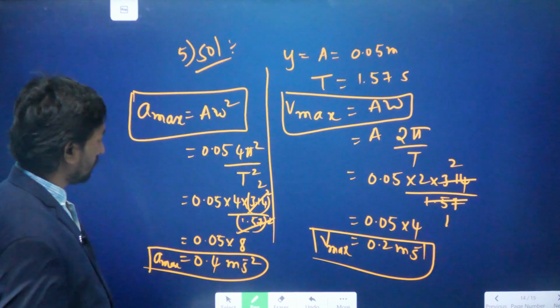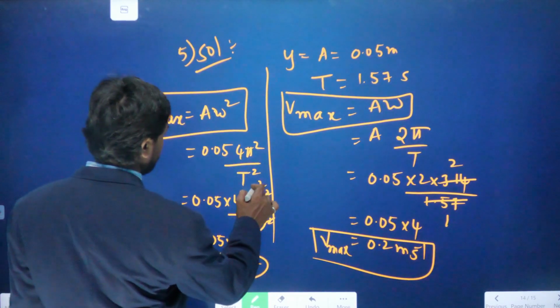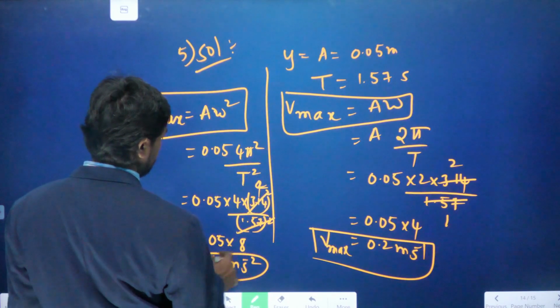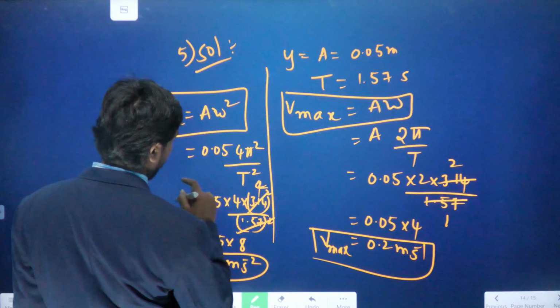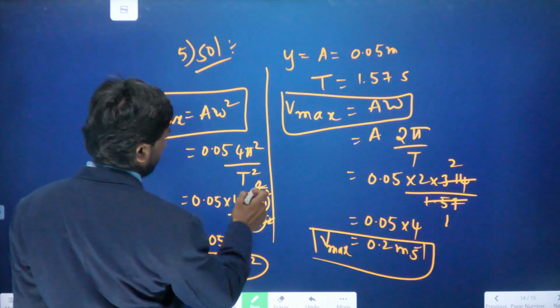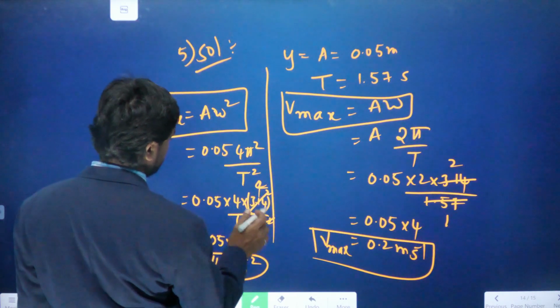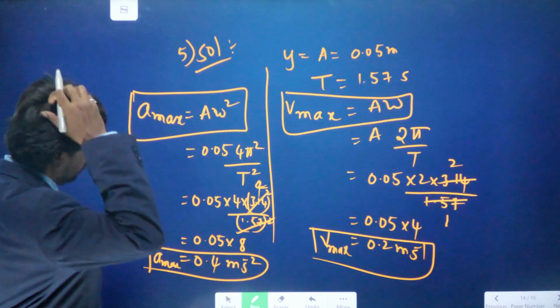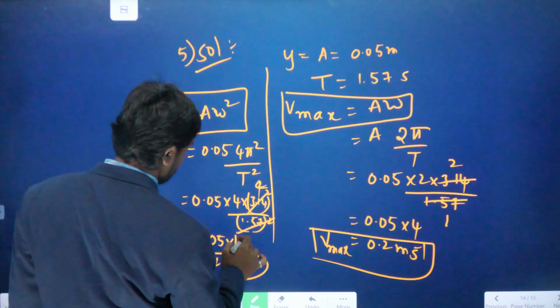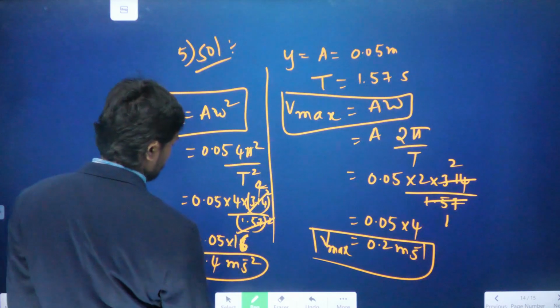Here 2 will remain, no? Sorry, here 4 will come there. Here 2 and 2 is 4, no? So 16.